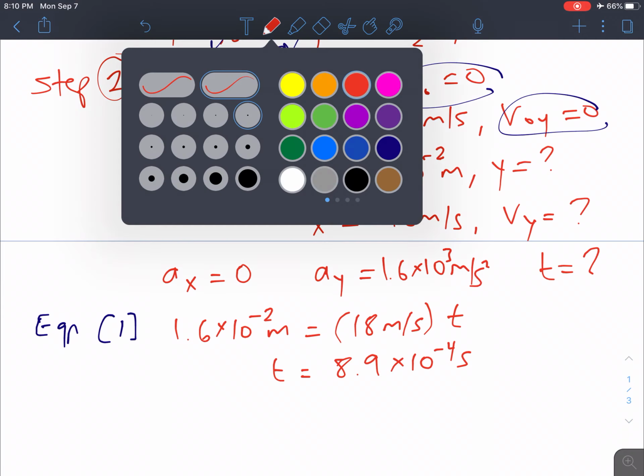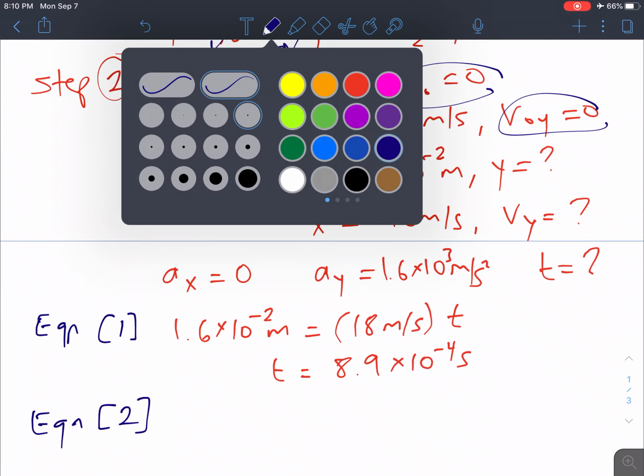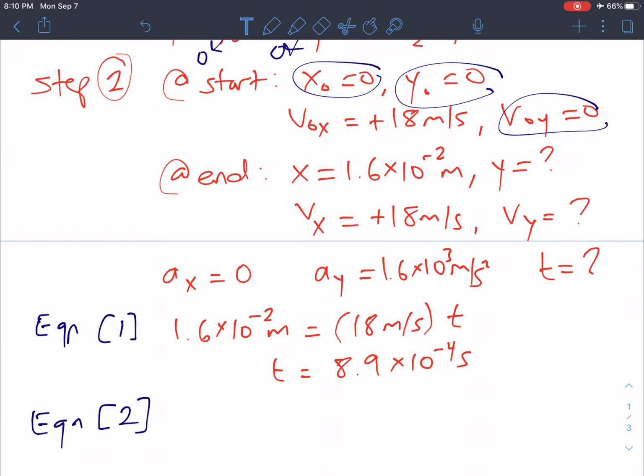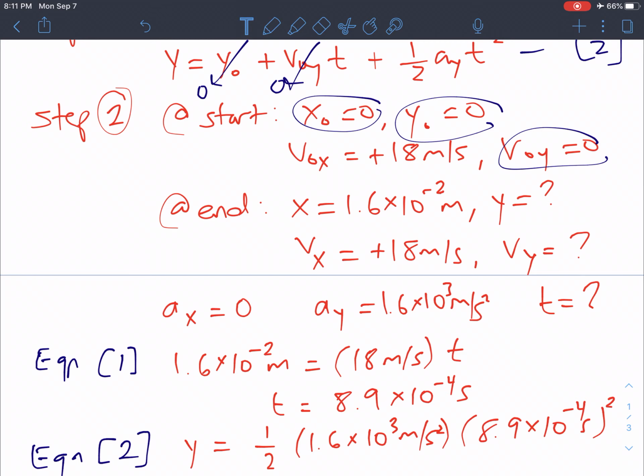And from equation number 2, we can solve for the y position. So y equals, first two terms go away, 1/2 acceleration ay, which we already know is 1.6 times 10 to the 3 meters per second squared, and the time squared, so 8.9 times 10 to the negative 4 seconds squared.